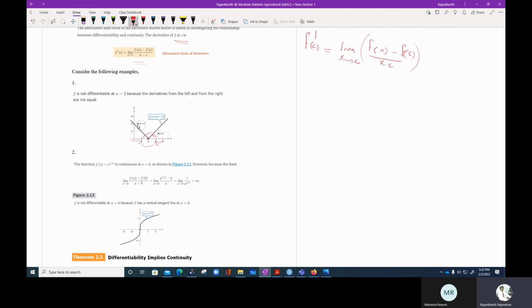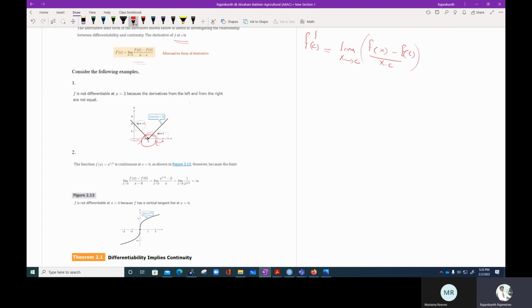If you see two different limiting slopes, then you all know, when you study limits, you have to have the same answer from left and right to have a limit. But this says you are getting two different slope answers. That means it is not possible to find the derivative at 2. That's why it is given here: f is not differentiable at 2 because the derivatives from the left and right are not equal.